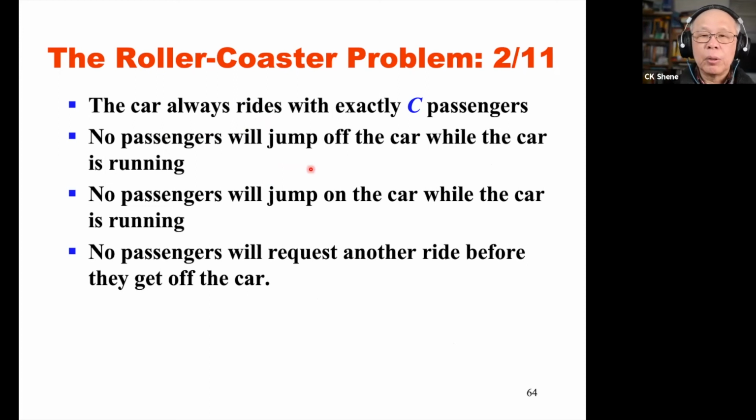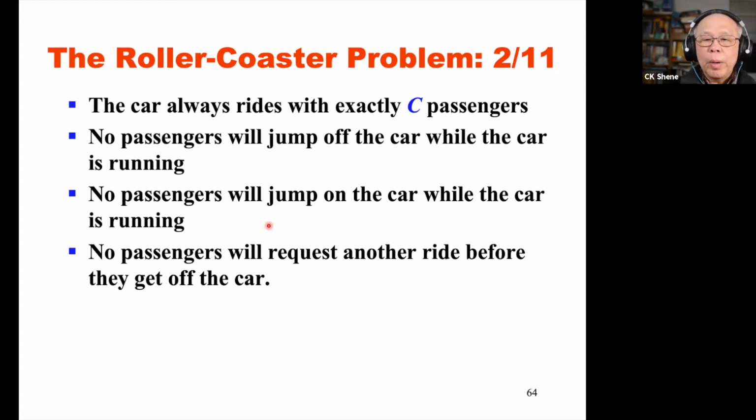Yes, in the real world, nobody would do that because it's committing suicide. But if your program is not written carefully, a passenger thread could jump off the car while the car is running. And no passenger would jump on the car while the car is running. In reality, it's not possible unless you are Superman.